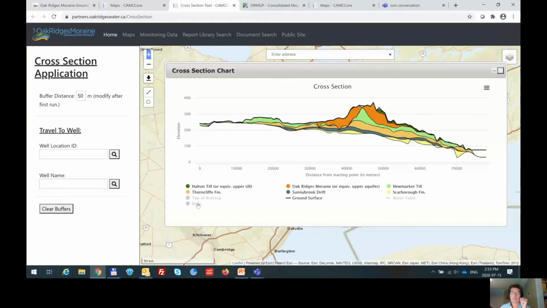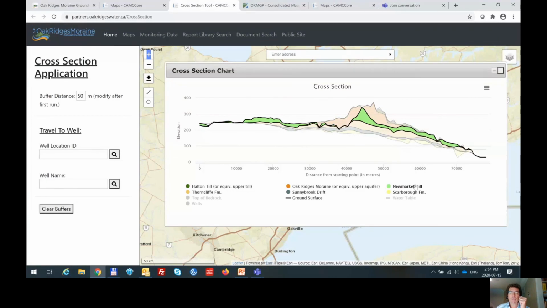We're not there yet. But another thing I'd like to point out to you is that this was based on those differences of interpretation between the various research groups. For the most part, in these surfaces we have here, the Newmarket Till, which highlights when I hover over it to the north of the moraine, these are simplified surfaces.